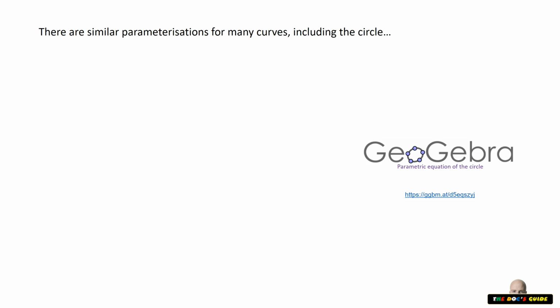Now there are also similar parameterizations for many other curves. One of them is the circle, and we've come across this before, although again we didn't specifically call it parameterization. So we could have two equations, x equals r cos theta, y equals r sine theta. You might remember we came across these when we spoke about the unit circle and we were dealing with trigonometry. So again, as we vary the value of theta, we're going to get different values of x and different values of y.